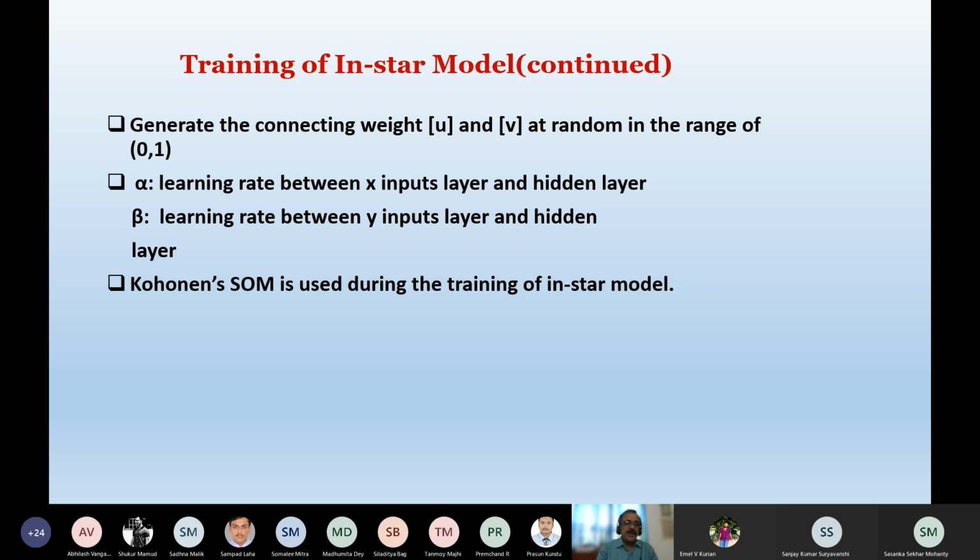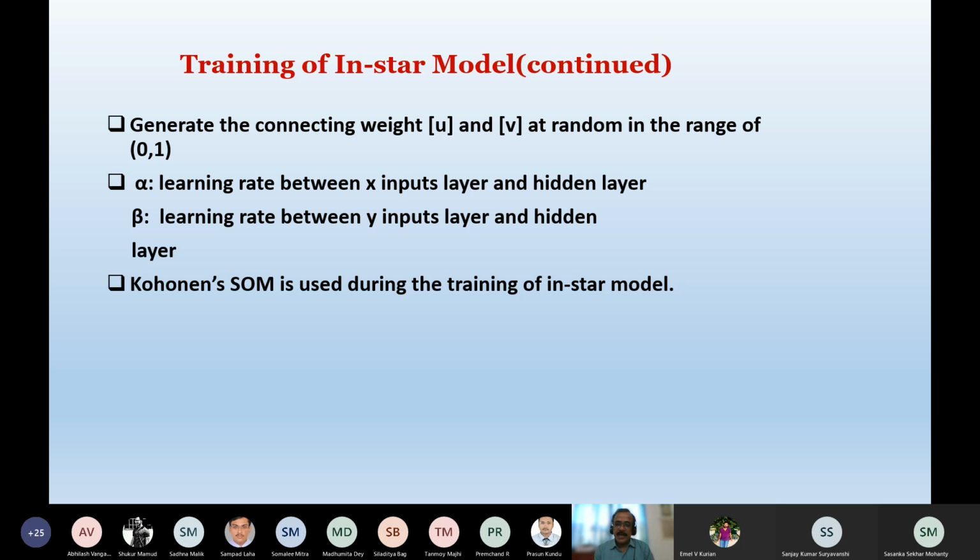Now we are going to use some learning rate. Alpha is the learning rate lying between 0 and 1 between the X input layer and the hidden layer, and beta is the learning rate between the Y input layer and the hidden layer. Here we are going to use Kohonen's self-organizing map during the training of the instar model.